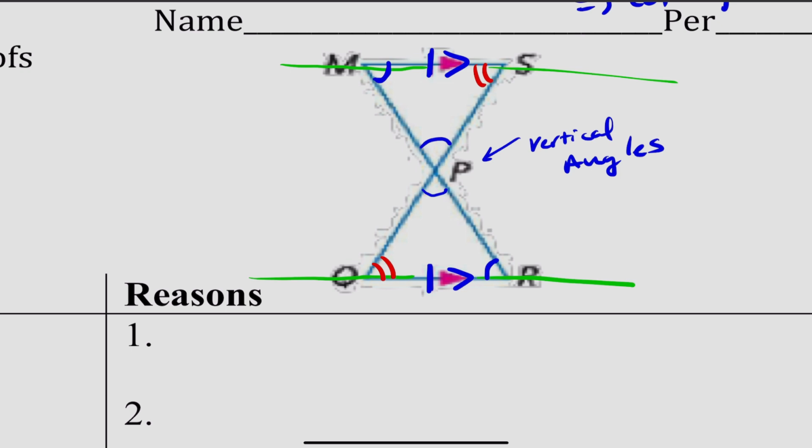Specifically, we say that this is angle MPS, which is congruent to angle RPQ. So P needs to be in the middle when you're writing those two angles because that's the vertex, okay? So these are what we call vertical angles. These angles are congruent to each other.